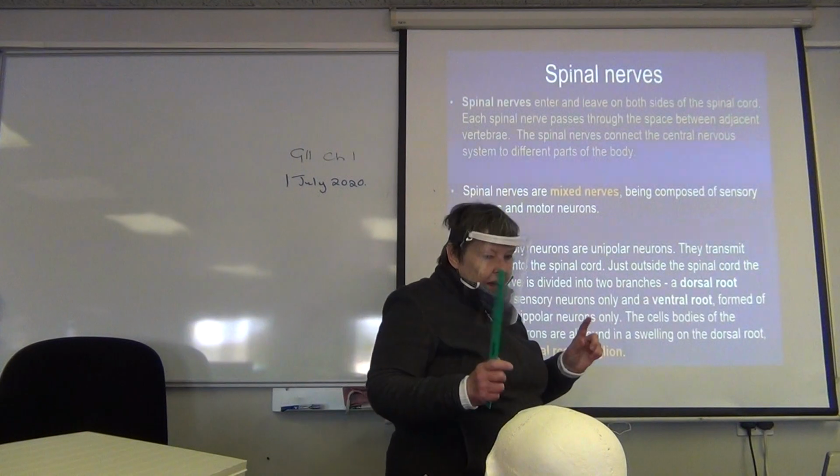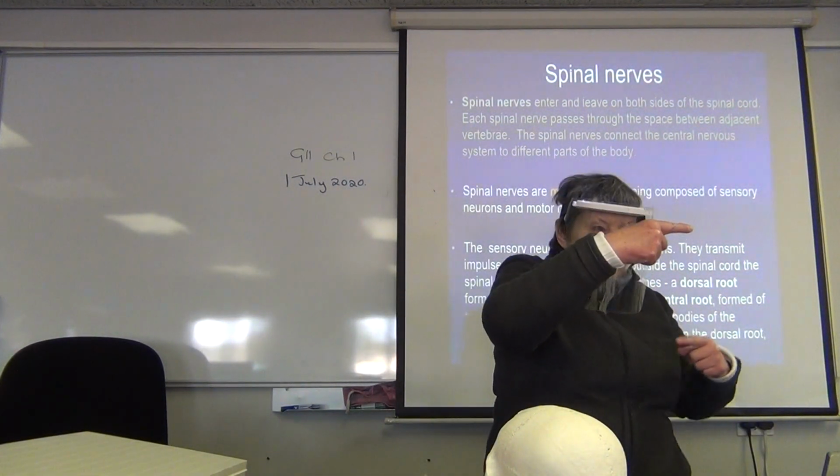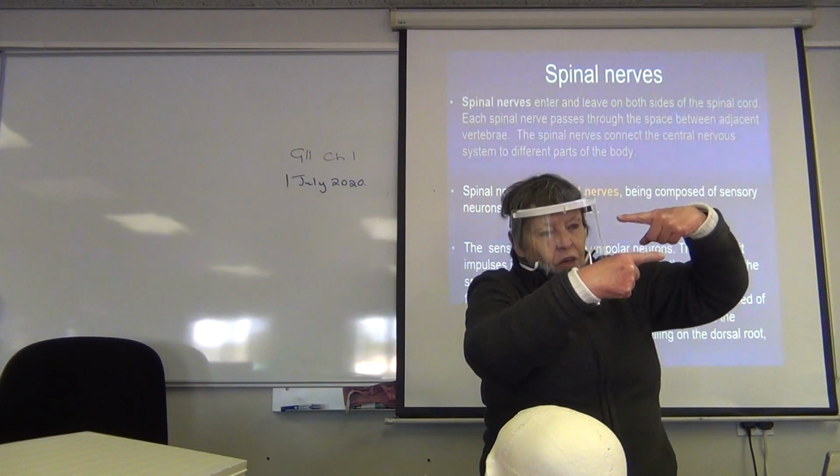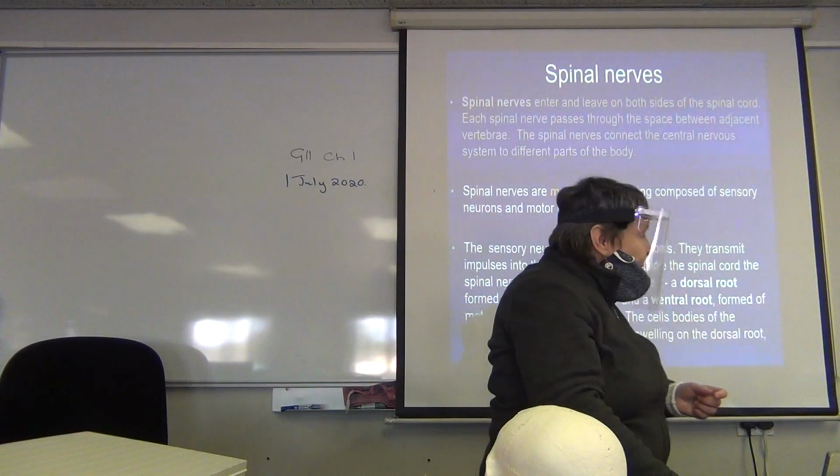So a mixed nerve is like a two-way street. It's got neurons transmitting impulses in one direction, and it's got multipolar neurons transmitting impulses in the other direction.